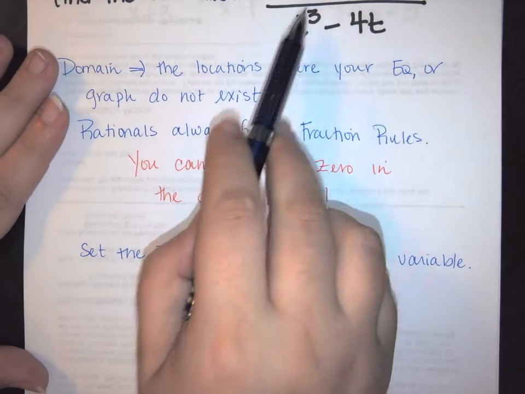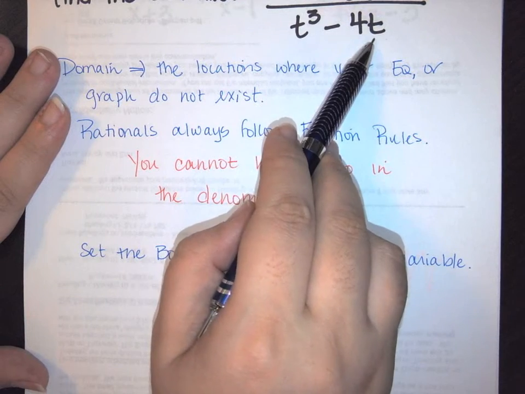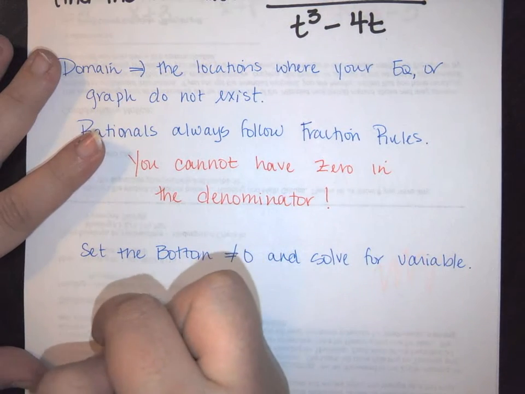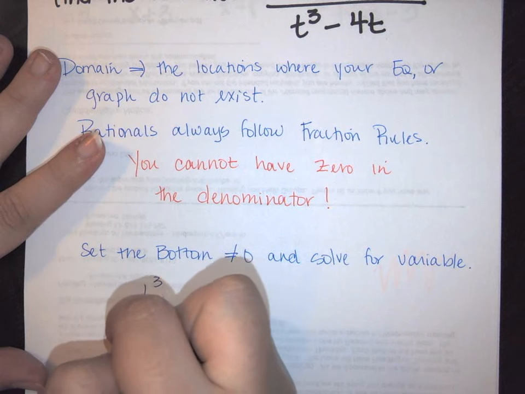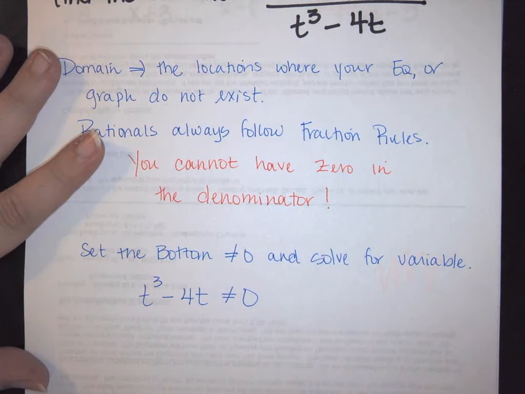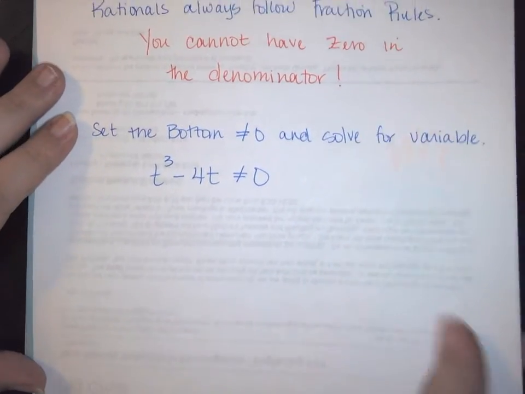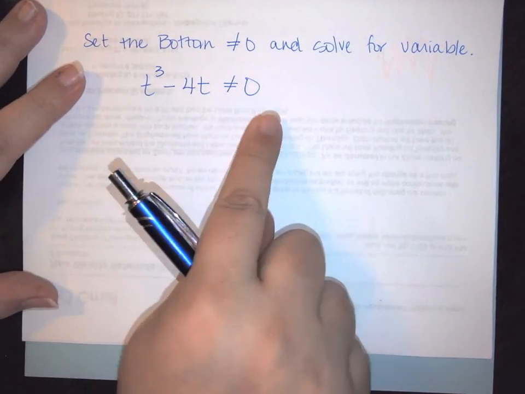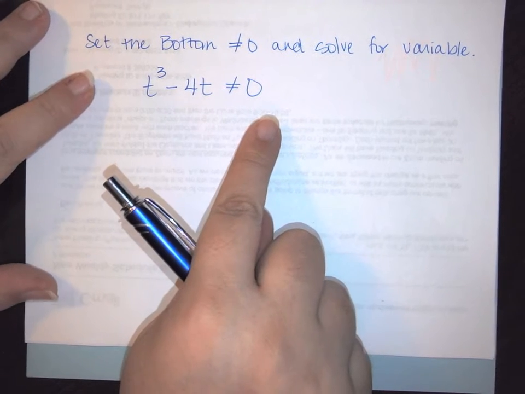So our bottom is t cubed minus 4t. I could care less what the top is. I take the bottom, t cubed minus 4t, and say this cannot equal 0. I need to know if there are values of t that, when input here, would give me 0. So we're going to solve.